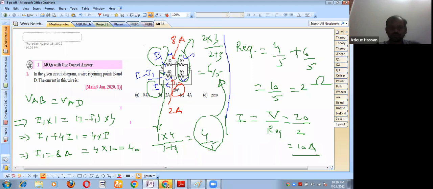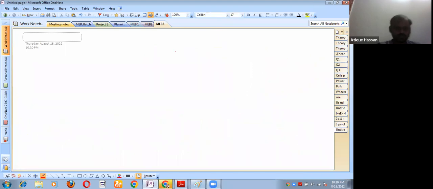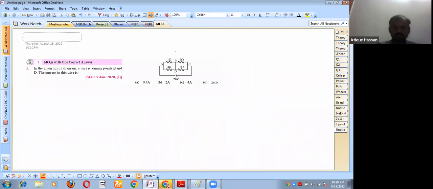I will draw a different circuit. Now we got the current, right? Here we got the current 8 ampere, and here we got the current 12.